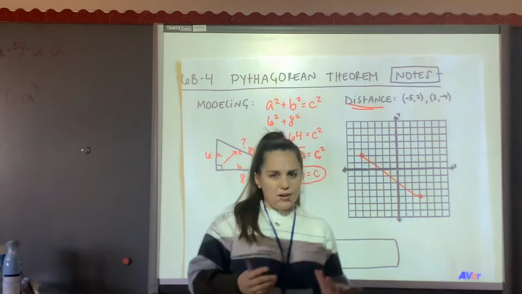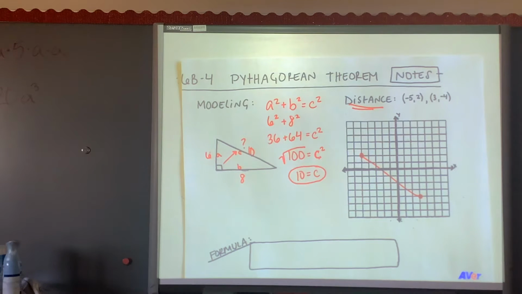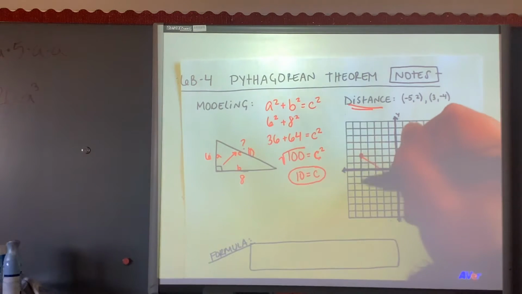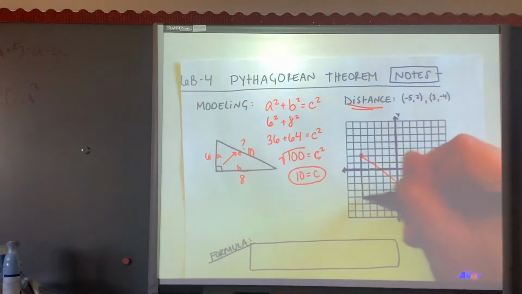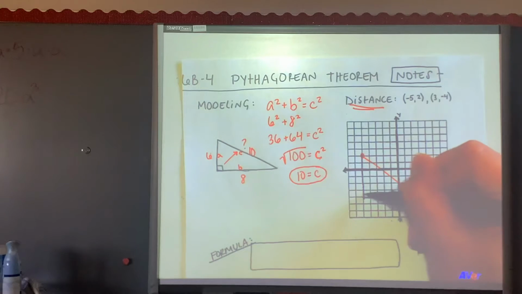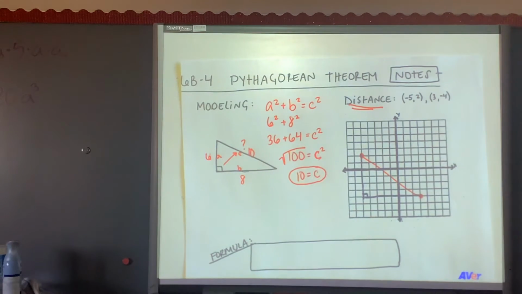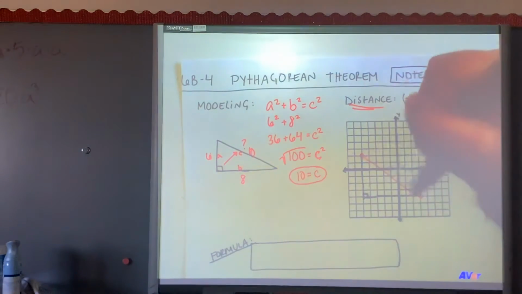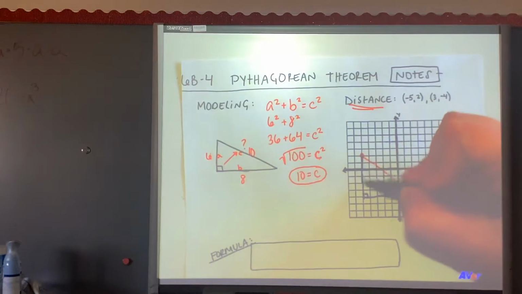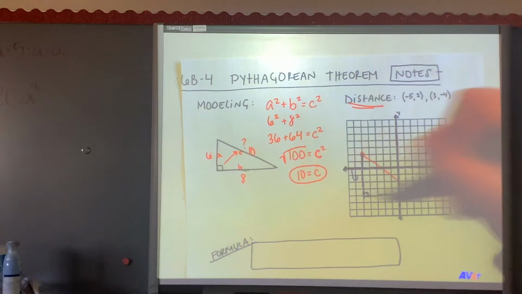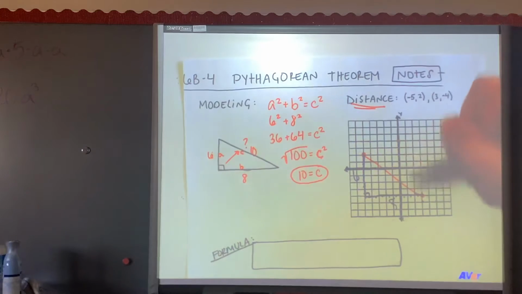But what I do know is the Pythagorean Theorem and how it works. If I created a right triangle somehow, maybe by doing this, I could calculate the side lengths to find the side I was looking for. This side length over here is 1, 2, 3, 4, 5, 6, yes, I'm counting the boxes, and this side length is 1, 2, 3, 4, 5, 6, 7, 8, and I'm looking for this side length here.